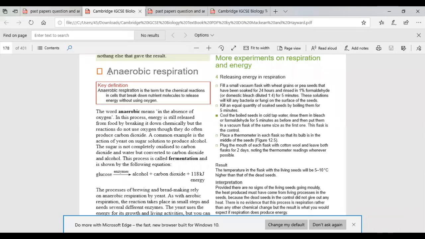You can answer me just that. What is the difference between aerobic and anaerobic? Okay, what is the difference? Muhammad Awad, are you with me? Do you hear me well?